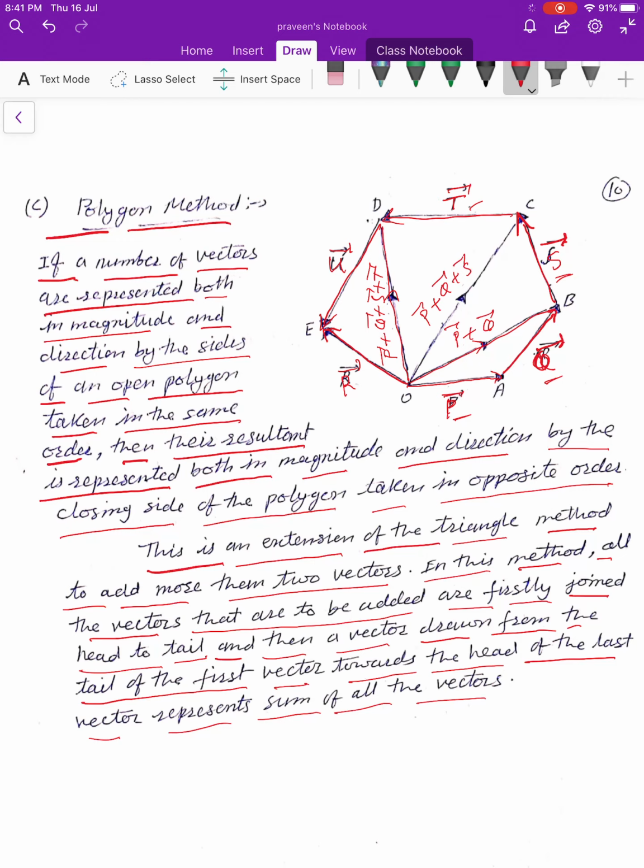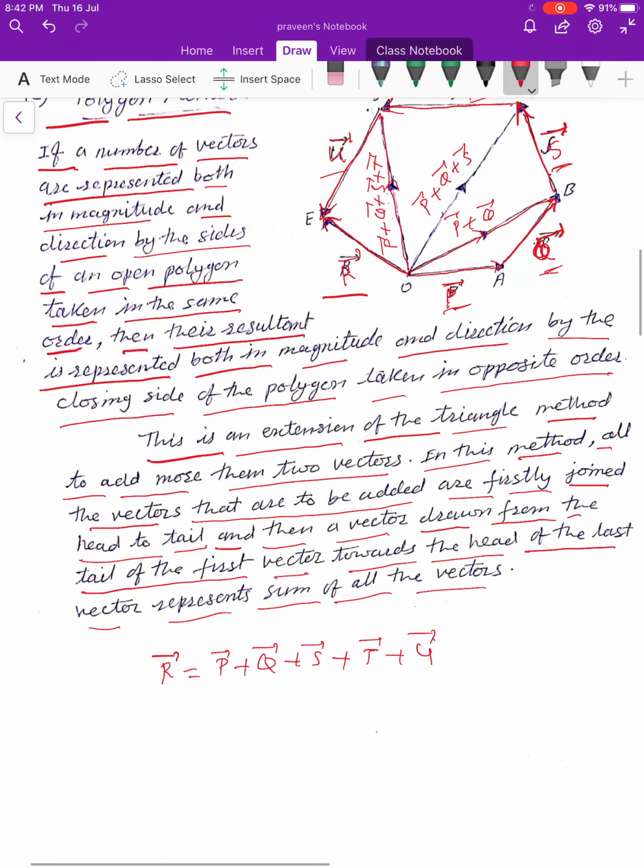Okay, in the figure, vectors P, Q, S, T and U are joined head to tail, and R vector represents the sum of the 5 vectors. Thus, R vector is equal to P vector plus Q vector plus S vector plus T vector plus U vector. Clear?